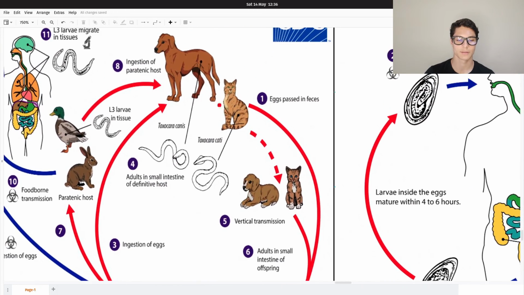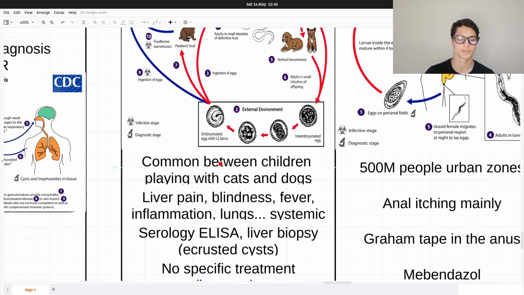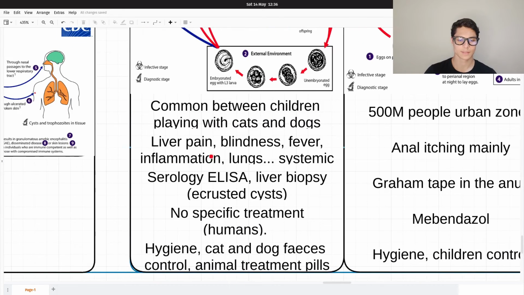We have to mention that there is also the vertical transmission of this parasite, and the epidemiology is common among children that play with cats and dogs. This parasite will give us liver pain, blindness, fever, inflammation in the lungs, and even systemic inflammation if we are immunosuppressed.